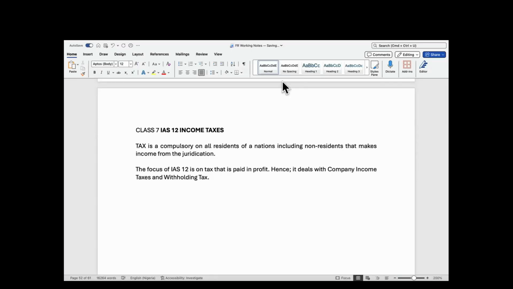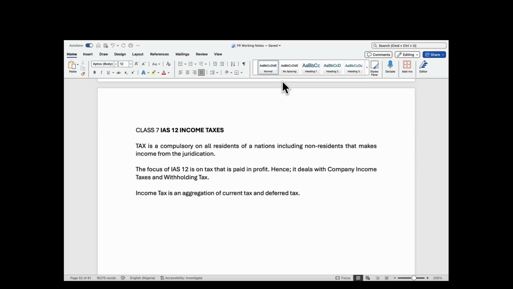Now, having said that, firstly, when we say income tax, what do we then mean? Income tax is an aggregation of current tax and deferred tax, in the sense that when you put together your current tax and your deferred tax, that is what we call income tax.